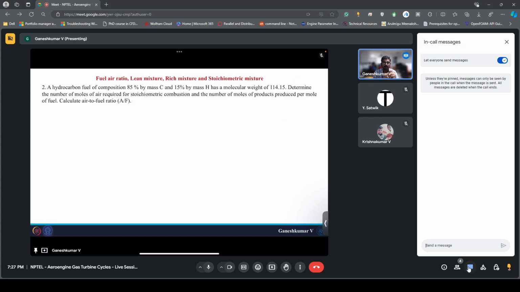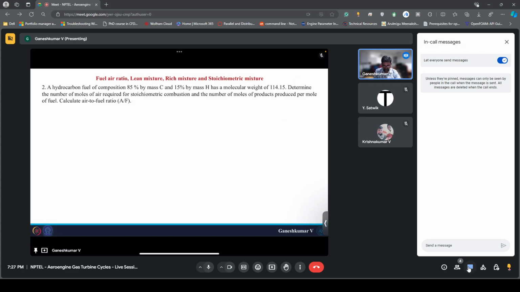But with combustion, maybe you can even generate 4000 or 3500 Kelvin, but that is not what we want. We have to limit our temperature to a lower value. What happens in the combustion chamber is an entirely different subject. If you are interested, you can take combustion courses and learn more about it. But here we are going to do a simple calculation: what would be the air fuel ratio of this thing burning inside the combustion chamber?